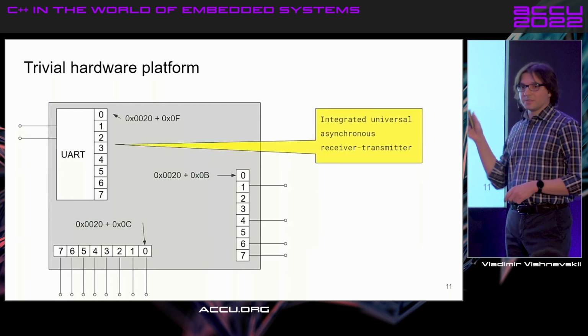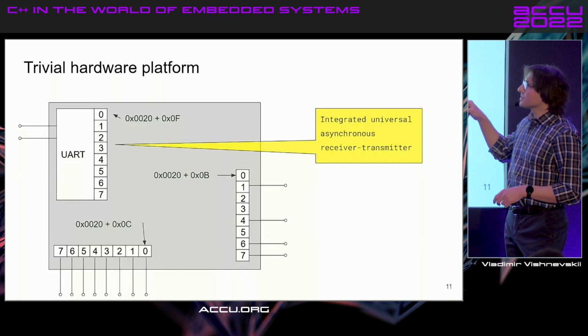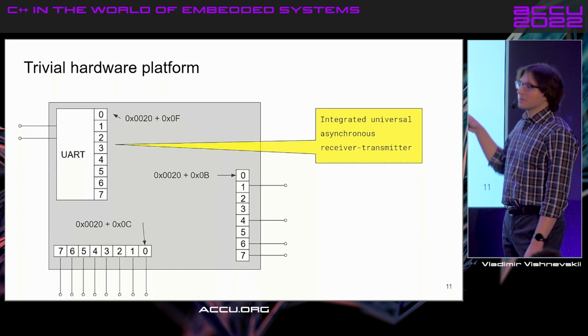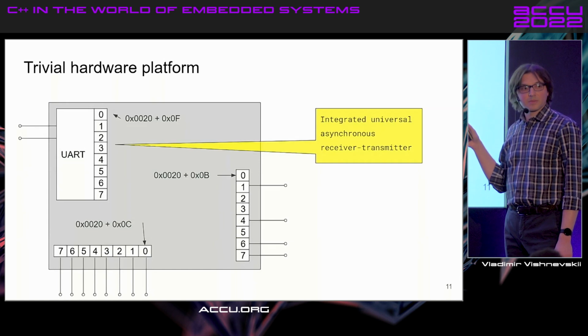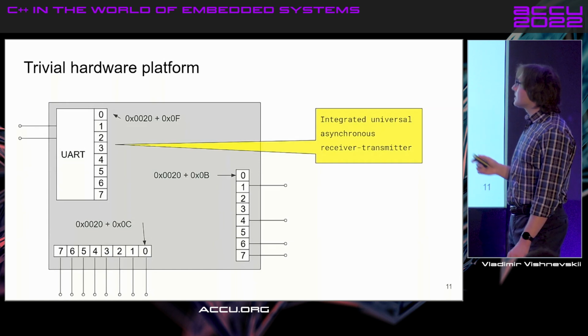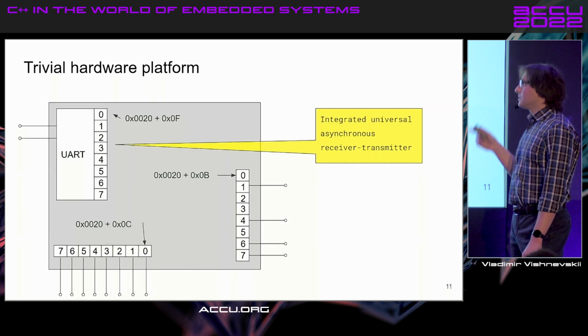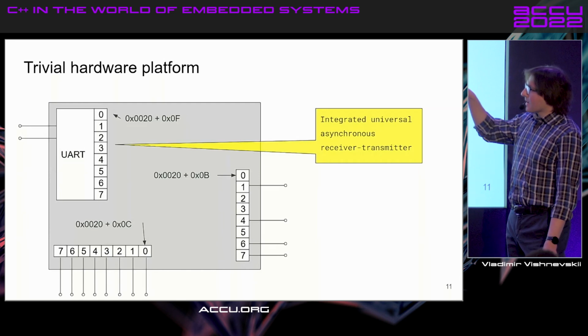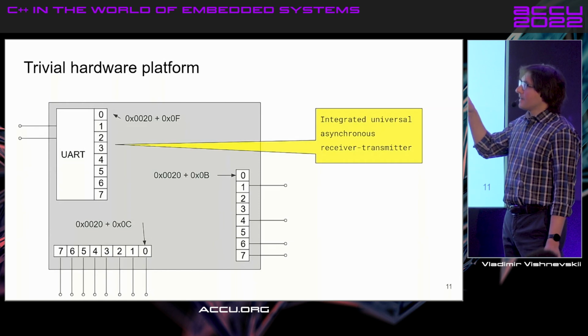At the same time, on the microcontroller there can also be integrated submodules that already implement some functionality. For example, here there is an integrated universal asynchronous receiver transmitter. It also has lines, but they are not general purpose.